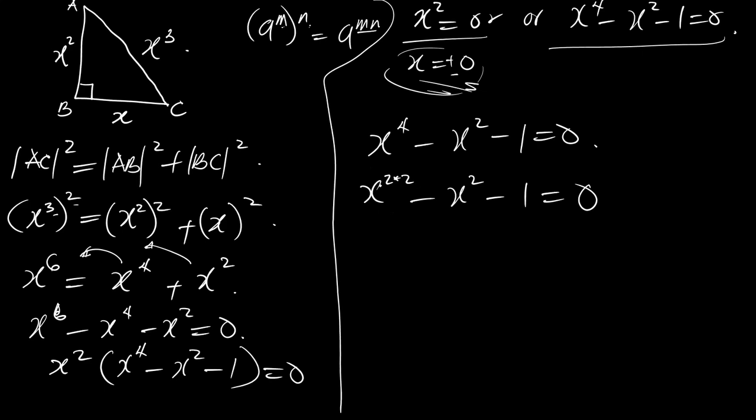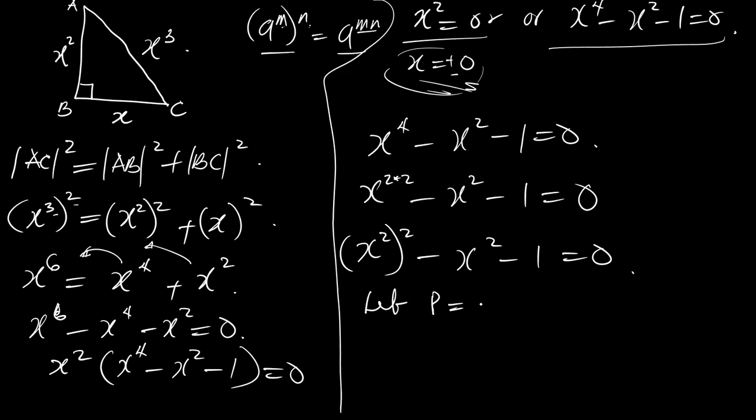Using the law of indices, you can write it as x raised to power 2 all raised to power 2 minus x raised to power 2 minus 1 is equal to 0. Now let p be equal to x raised to power 2. Substituting that, you have p raised to power 2 minus p minus 1 is equal to 0.